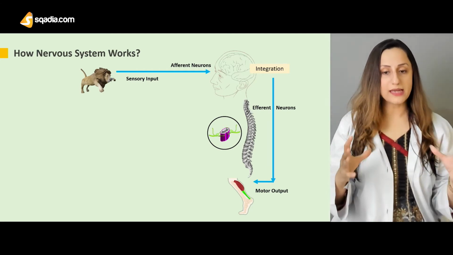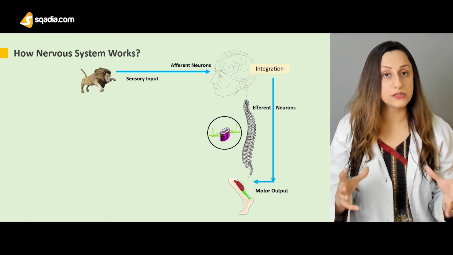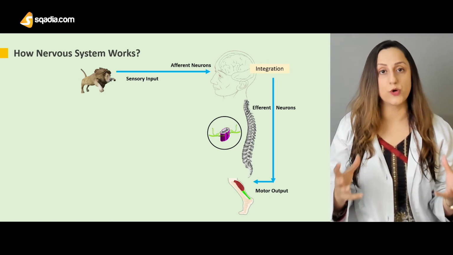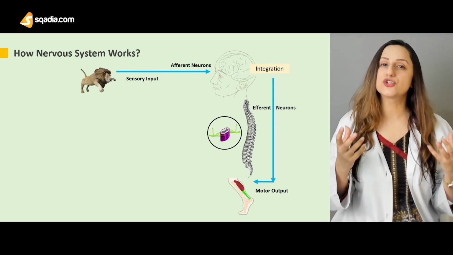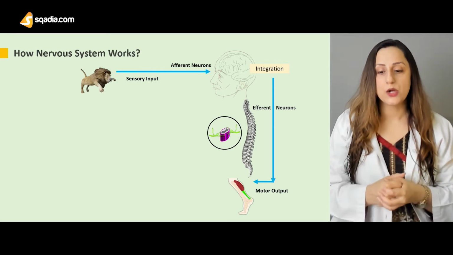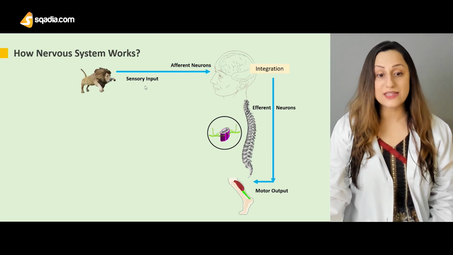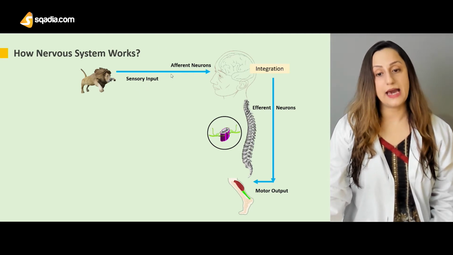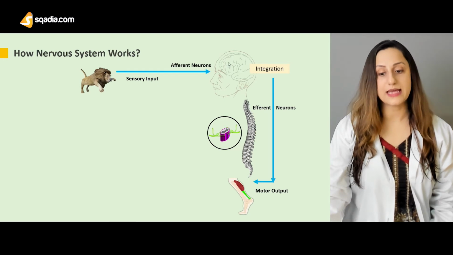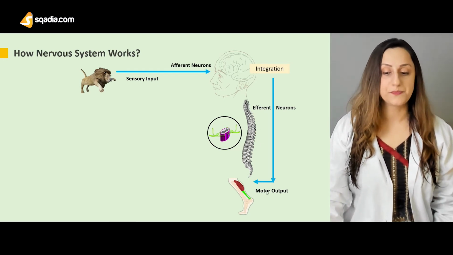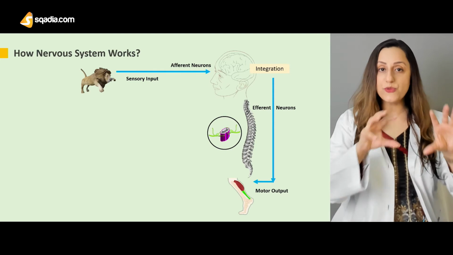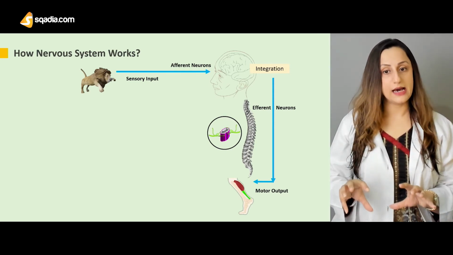So when we look at this complete model of how the nervous system works, or what the functionality of the nervous system is, we just have this brief idea that we have a sensory input over here, then the integration centers, and moreover, the motor output. These are the three important components that we have.